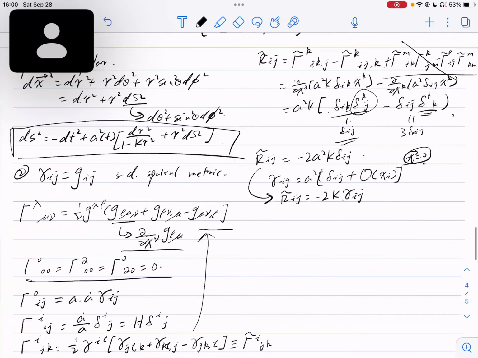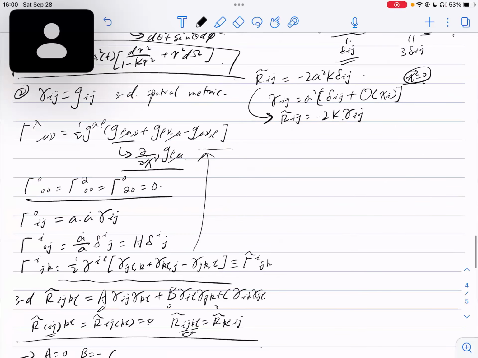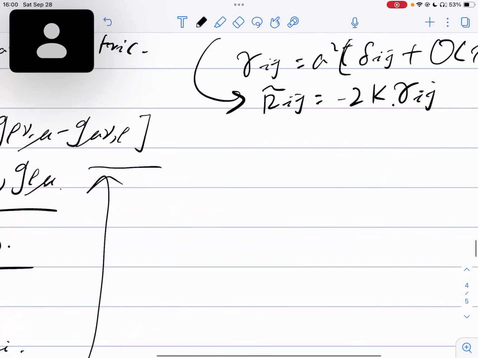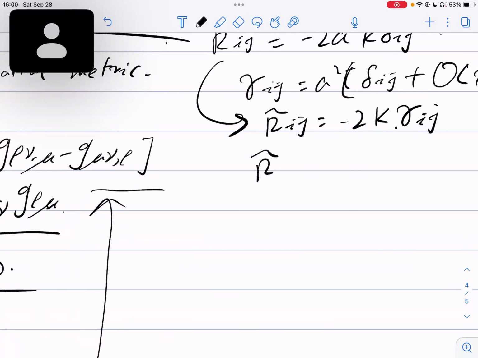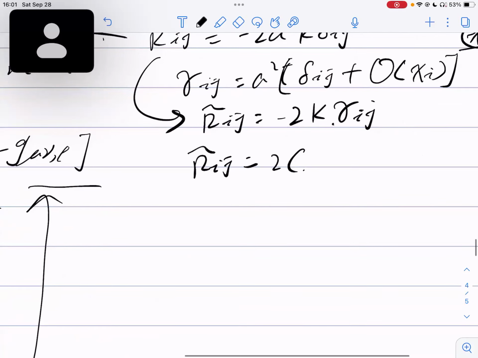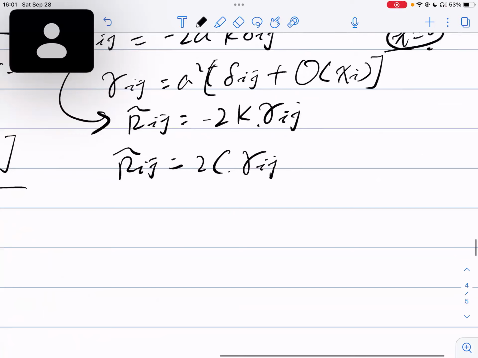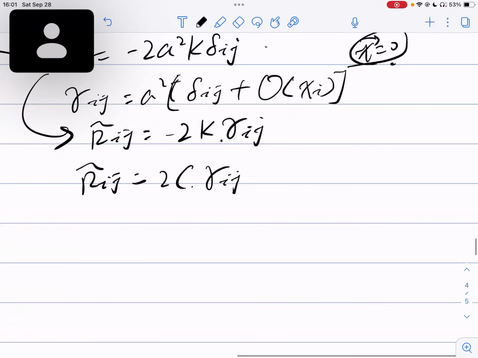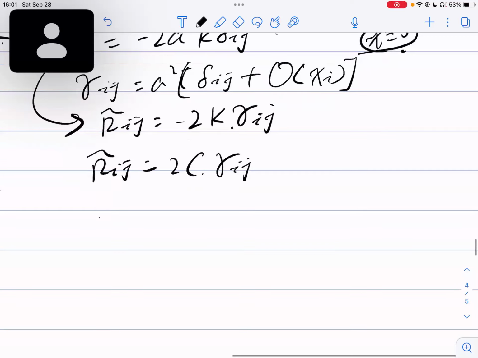We have known that in general, in the whole space, Rij equals 2 times the constant c times gamma ij. At the origin point, the constant is just k, and the constant should not depend on the point because of the homogeneous and isotropic property of the universe. So we obtain that anywhere, Rij equals minus 2k gamma ij.